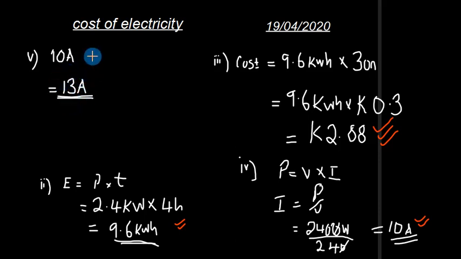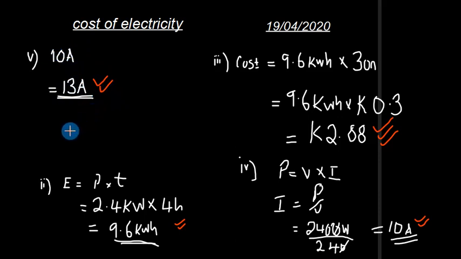I'm sure even if you said 12 you can still be marked, but 13 amps is much better. For suggesting the correct fuse, having calculated the current and compared to say the fuse must be slightly higher than the current demanded in the circuit, you get yourself 2 marks.